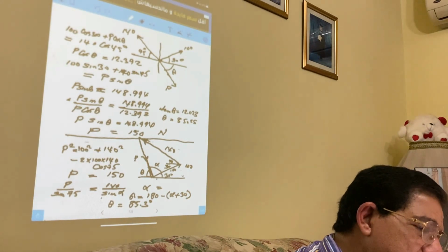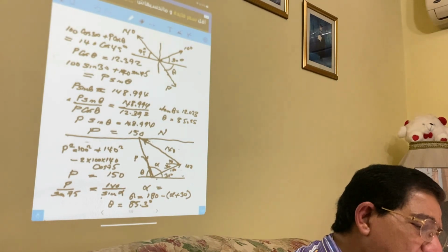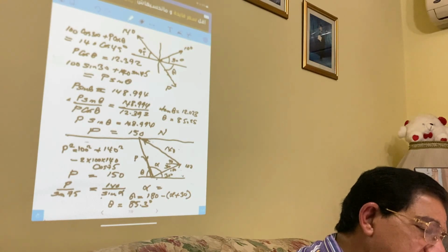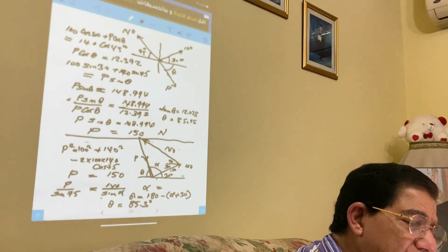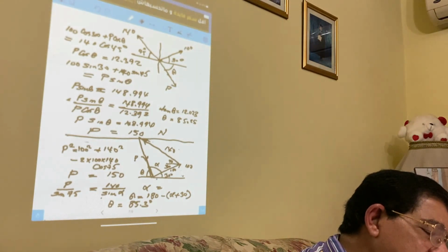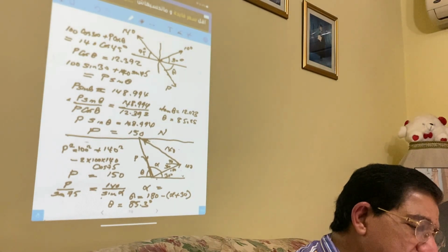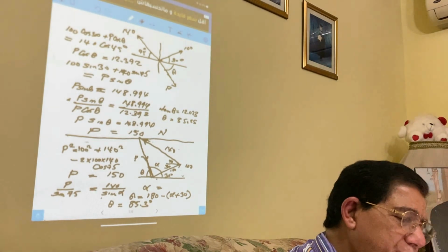Any three forces in equilibrium, if they were drawn one after the other, must complete a triangle. We'll try some more examples on this later on.